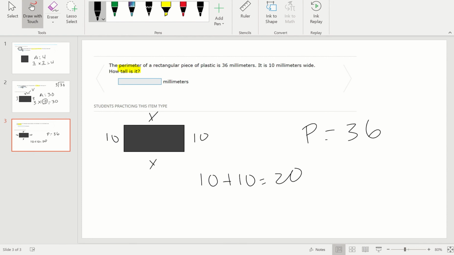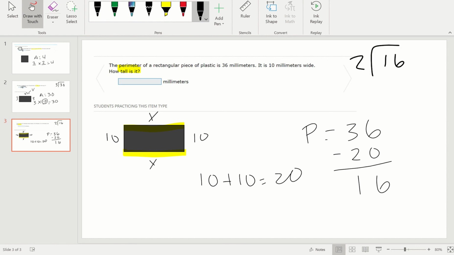So from my total perimeter, I'm going to take 36 minus 20, which gives me 16. Then that means that this side and this side, if we were to add those together, would equal 16. So I need to take that 16 and divide it by 2. And we know that 16 divided by 2 is 8.